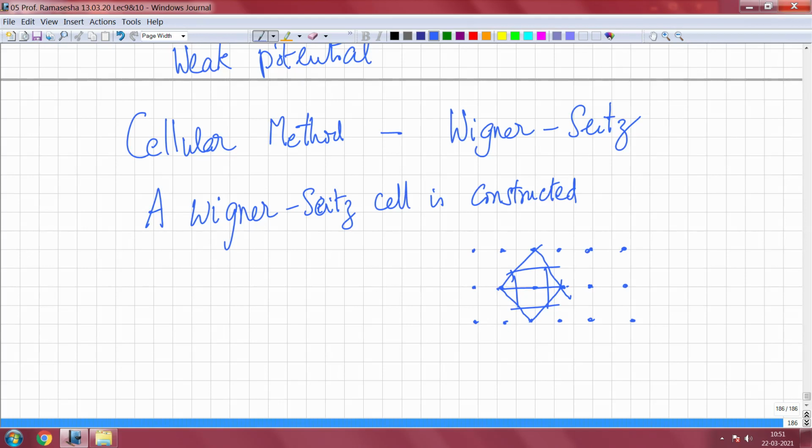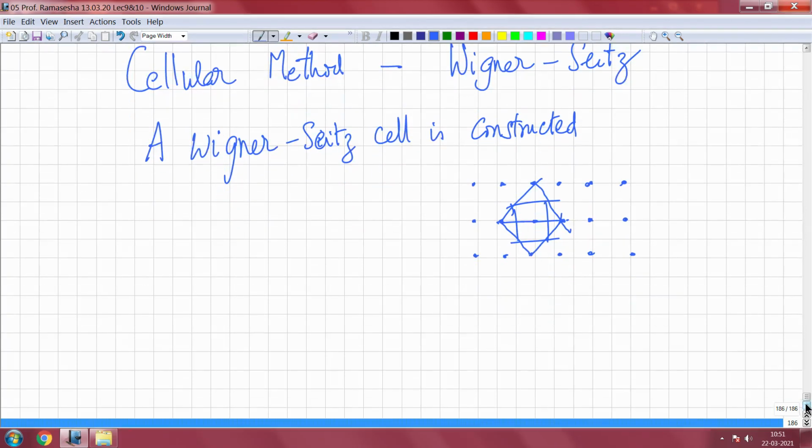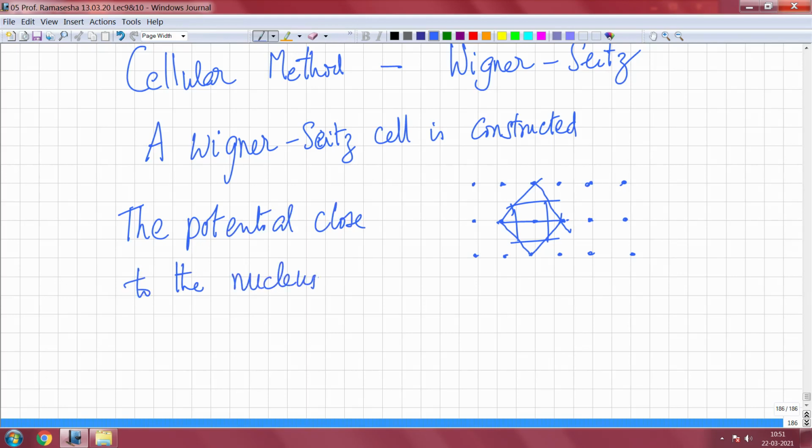Once you do this, then what you say is the following, that is, the potential close to the nucleus is spherically symmetric.